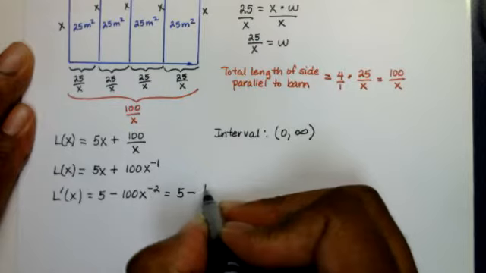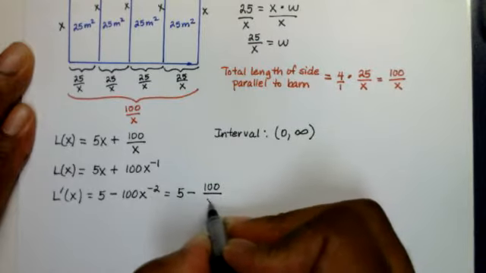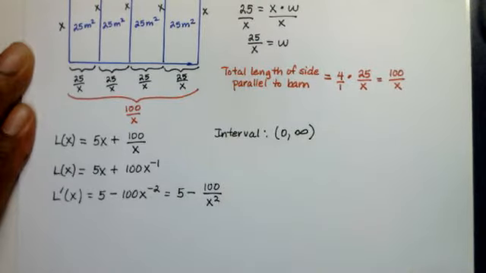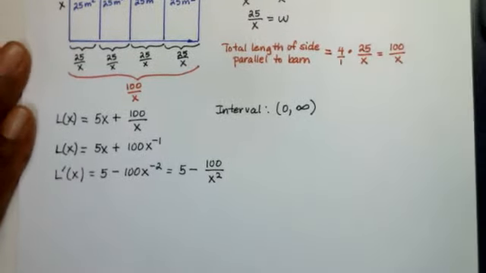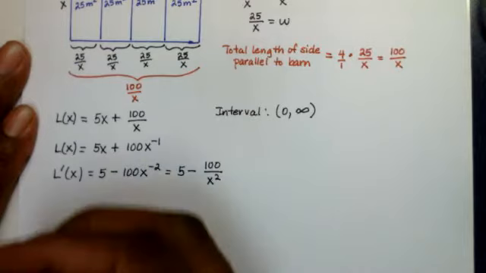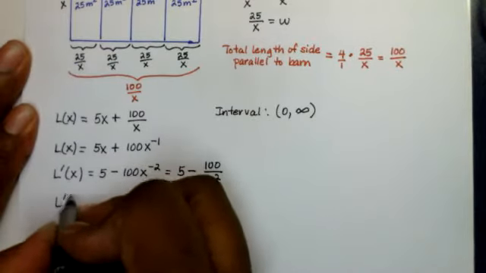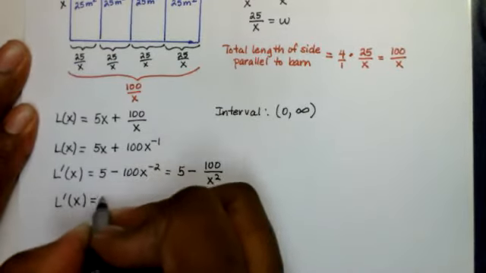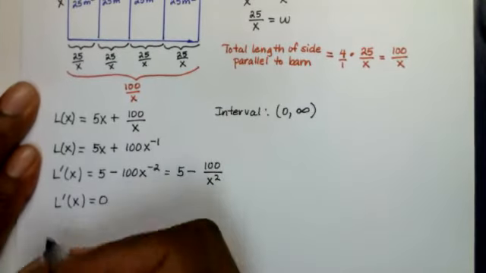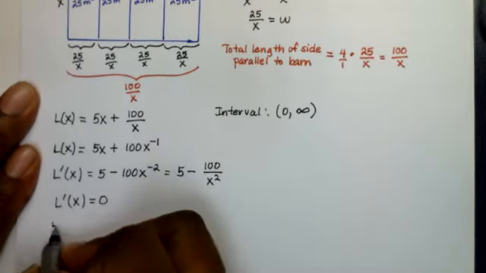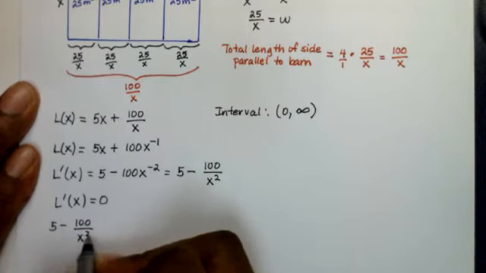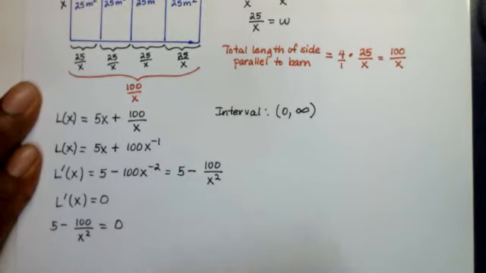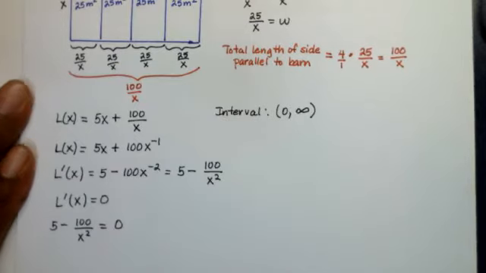So it'll be 5 minus 100 over X squared. And then we're going to set that derivative L prime of X equal to 0. So 5 minus 100 over X squared is set equal to 0.